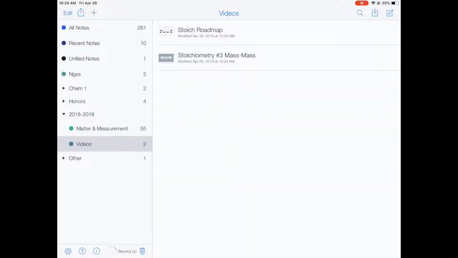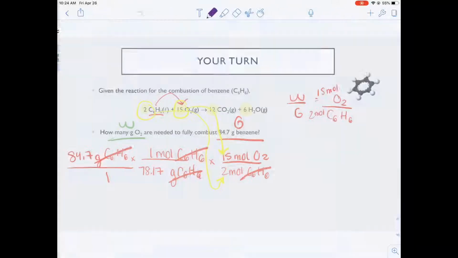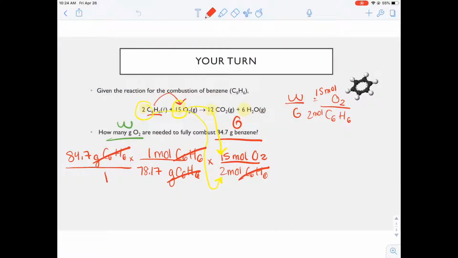Last step. We need to go from moles of oxygen. Make sure those units cancel out. So moles of oxygen needs to go down here. And then we can use our molar mass. 1 mole of oxygen when we're doing molar mass. And again, it's O2. So it needs to be 32.00 grams of oxygen.